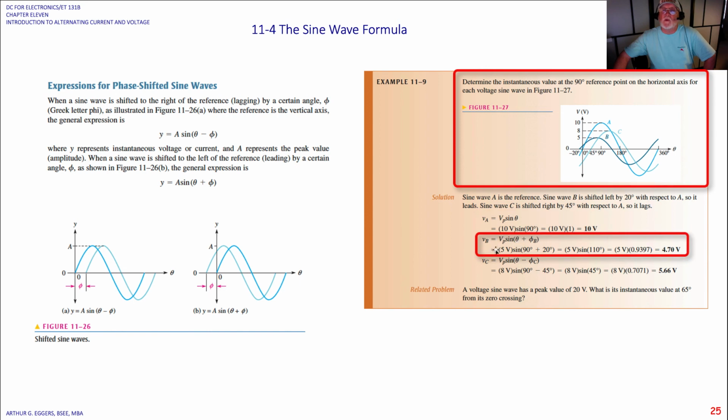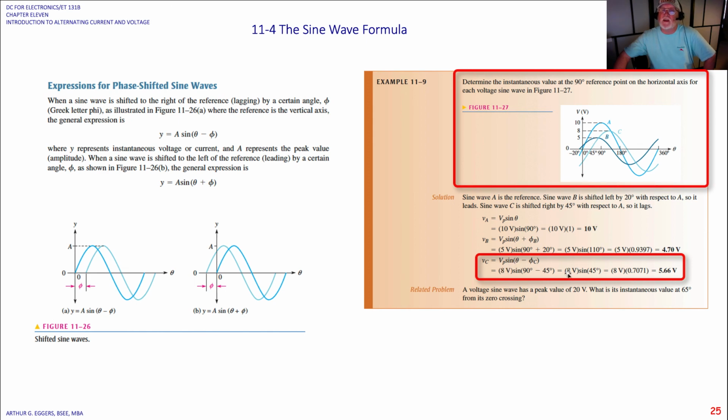For B, we're at Vp sine of theta plus phi of B. In this case, we have 5 volts times the sine of 90 plus 20 degrees for B, which gives us 4.7. For sine wave C, we are 90 minus 45 degrees with a maximum of 8 volts.